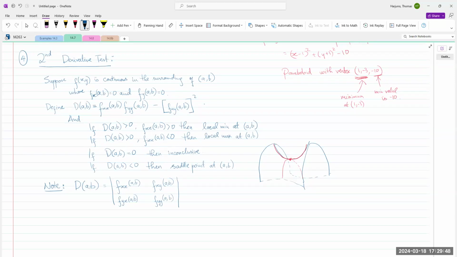So that D that I called the discriminant earlier may also be seen as the determinant of a 2 by 2 matrix. Where, if you think about it, this part here is f sub xy, and this is f sub yx. In general, they are not the same, but if they exist, then they will be the same, right?